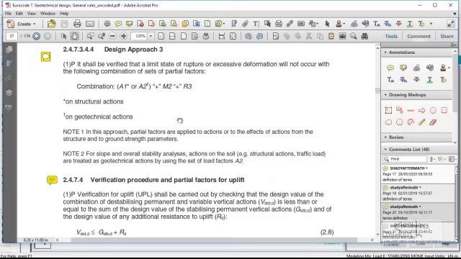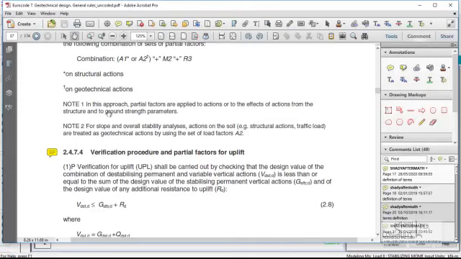Now, the asterisk shows when you're combining the actions with the material factor and then the resistance. A1 is when you're combining actions, which are forces associated with loads and not geotechnical forces associated with soil-generated forces. It says in this approach, partial factors are applied to the actions or the effect of the actions.